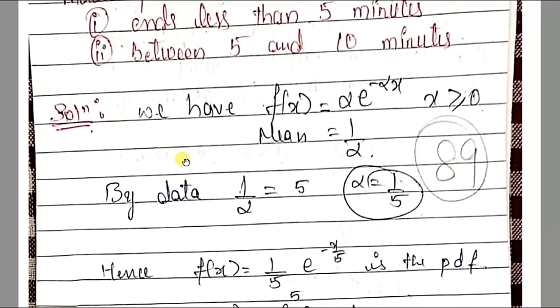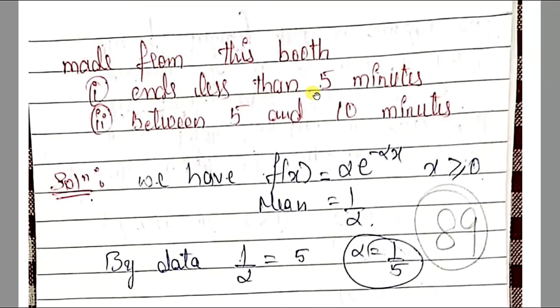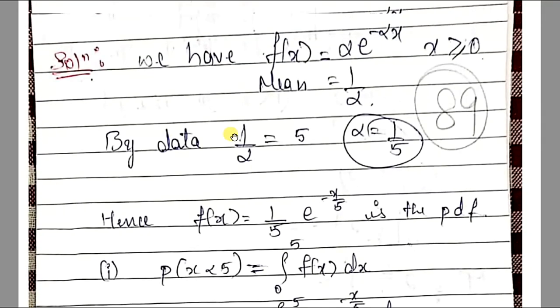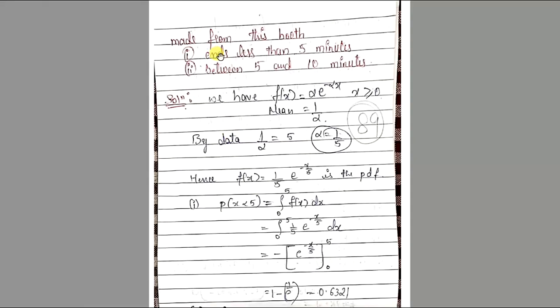Now let us have the first sub-question: ends less than 5 minutes. That can be written as P of x less than 5, so x takes the value from 0, and it is the integral from 0 to 5 of f of x dx.